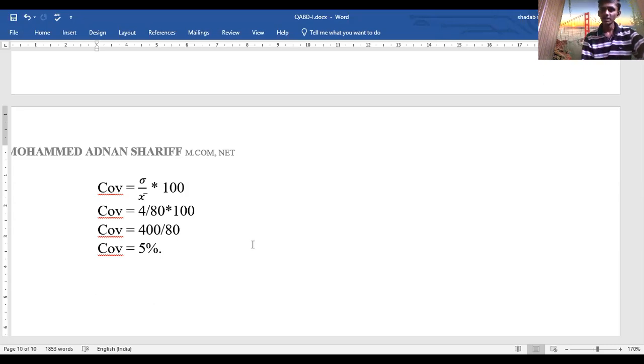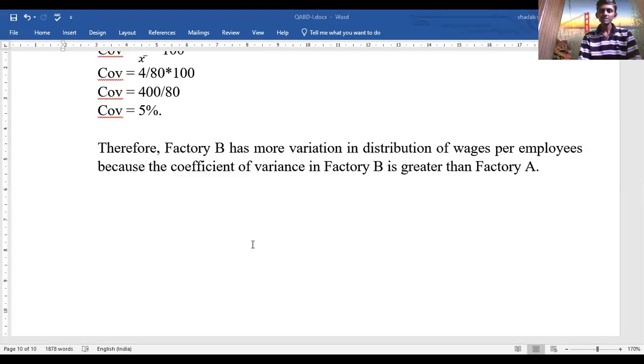So factory B has more variation in distribution of wages per employee, because the coefficient of variance in factory B is 5%, which is greater than factory A, that is 2.5%.